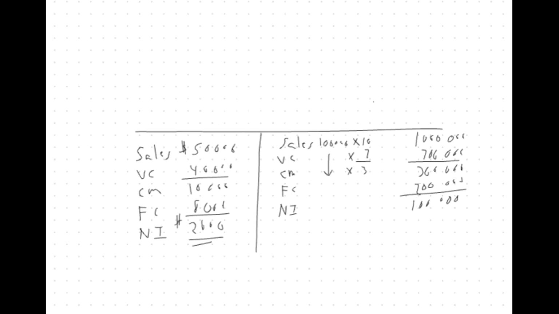Let Y equal sales dollars. And the formula is Y equals fixed cost plus target net income.